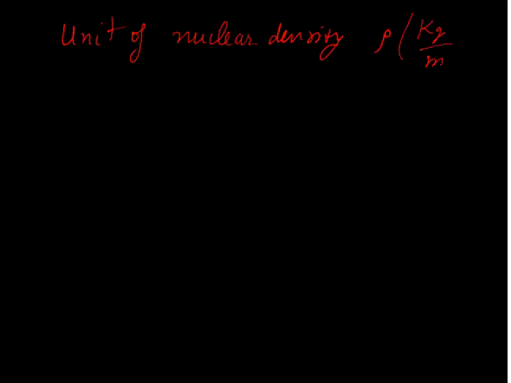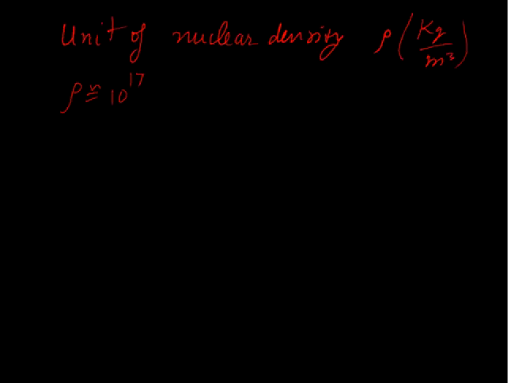So this was the unit of the nuclear density rho. So rho is kilogram per cubic meter, right? And this rho is approximately of the order of 10 raised to the power 17, right?